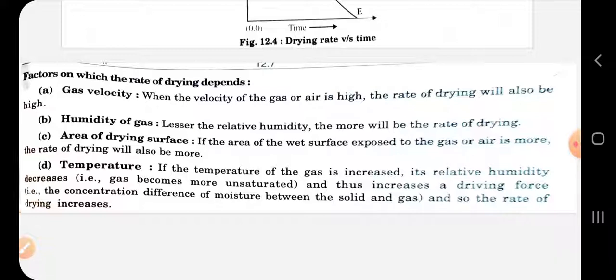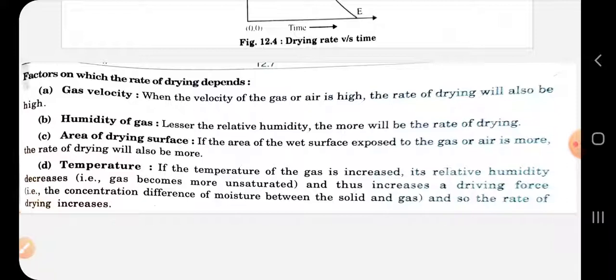Next is humidity of gas. If the gas is highly humid, the rate of drying will be negatively impacted and will decrease. So the lesser the humidity, the better the rate of drying. The lesser the relative humidity, the more will be the rate of drying, as we can read.